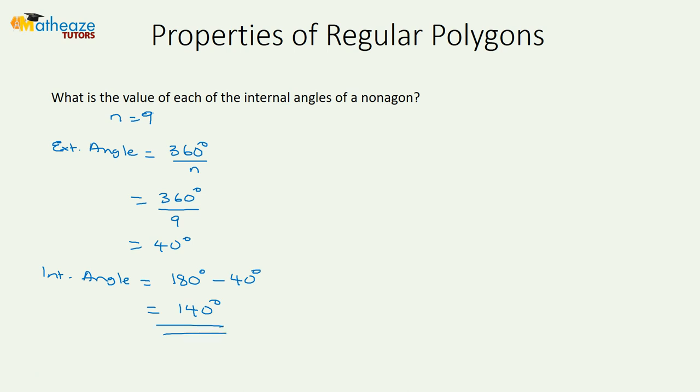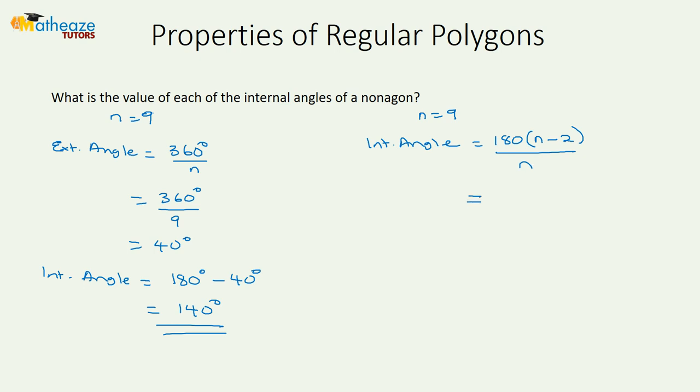So that's method one. Method two, we have 9 sides. So the interior angle is going to be 180 degrees multiplied by n minus 2 divided by n.